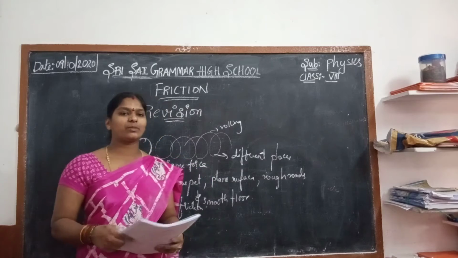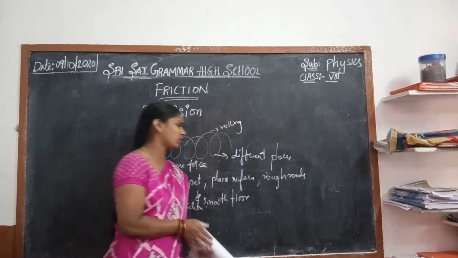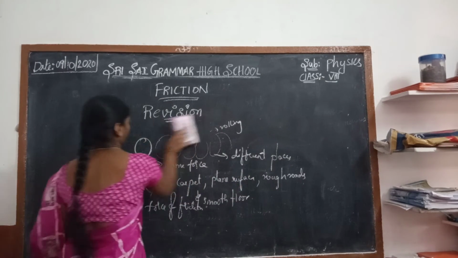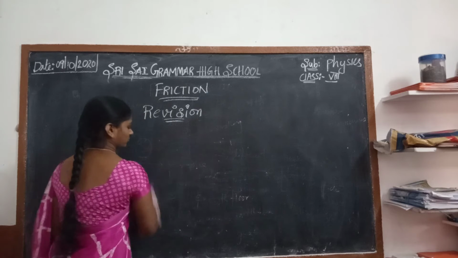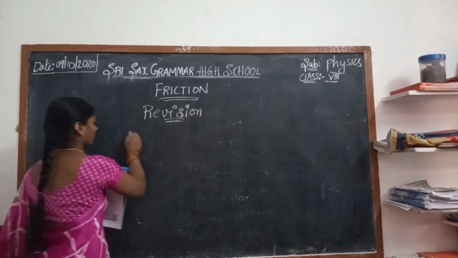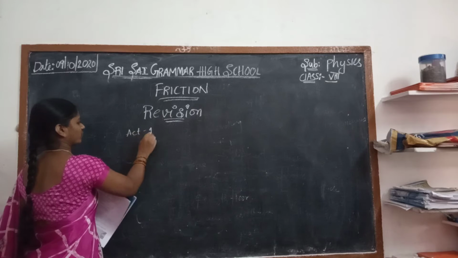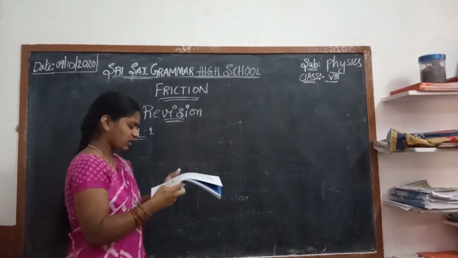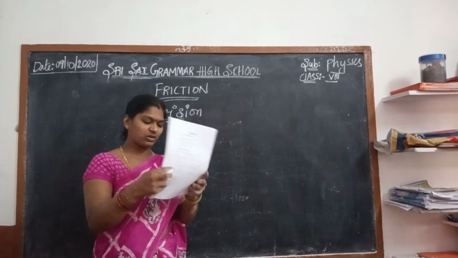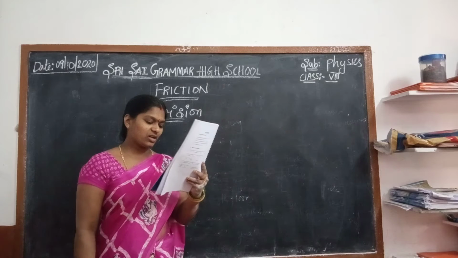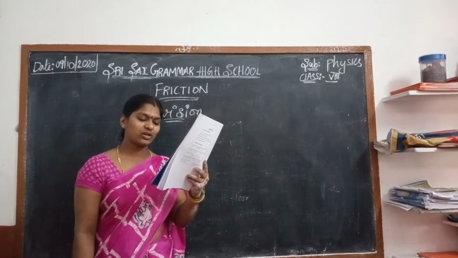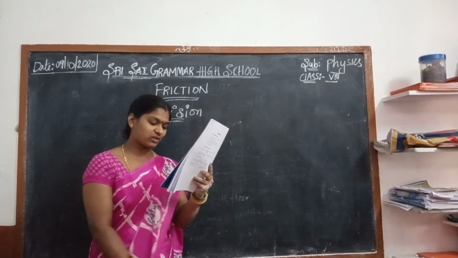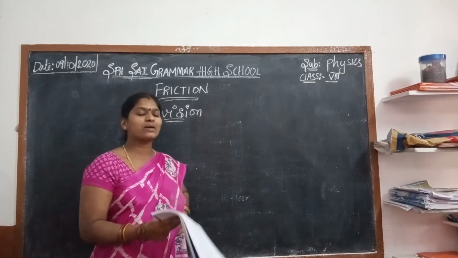Body will be seen by activity 1. Everyone open activity 1. Activity 1. Place a book on the surface of the table. See, in activity 1, identifying the force acting on a body and the effect of frictional force.